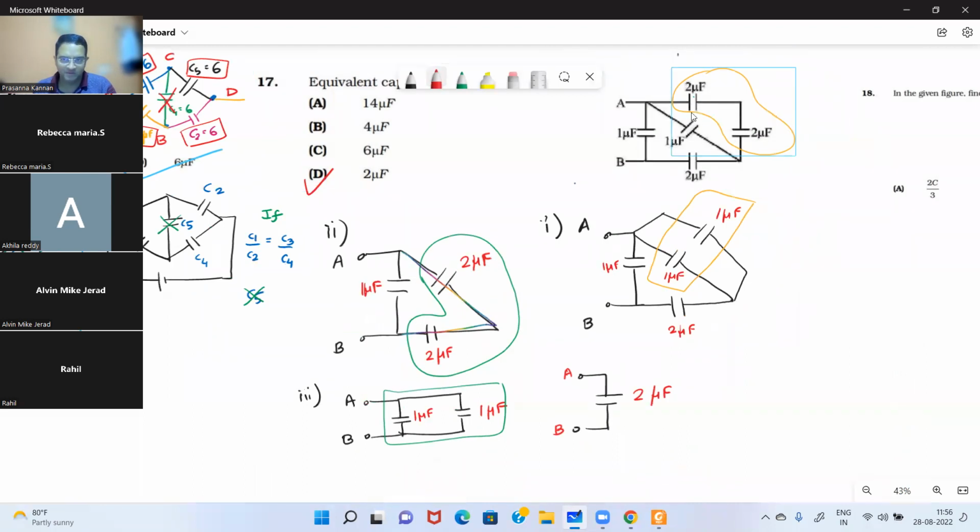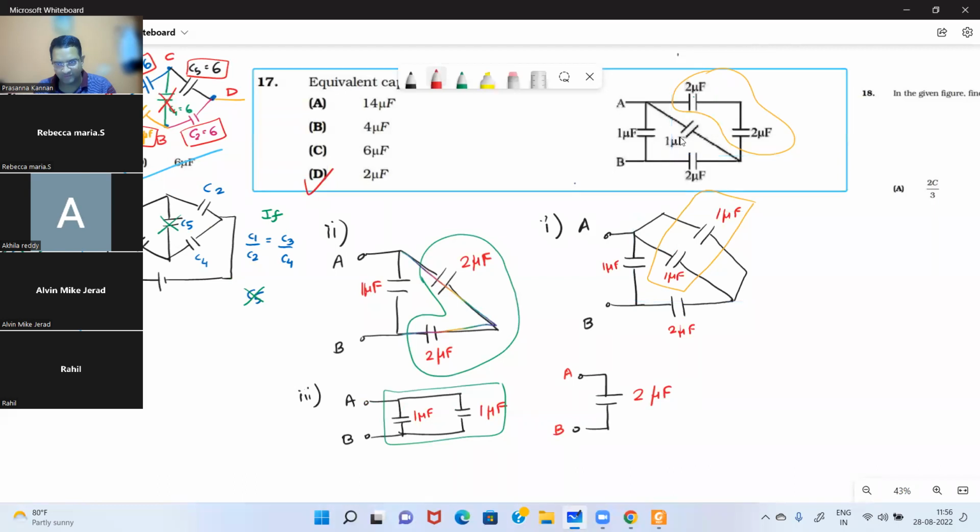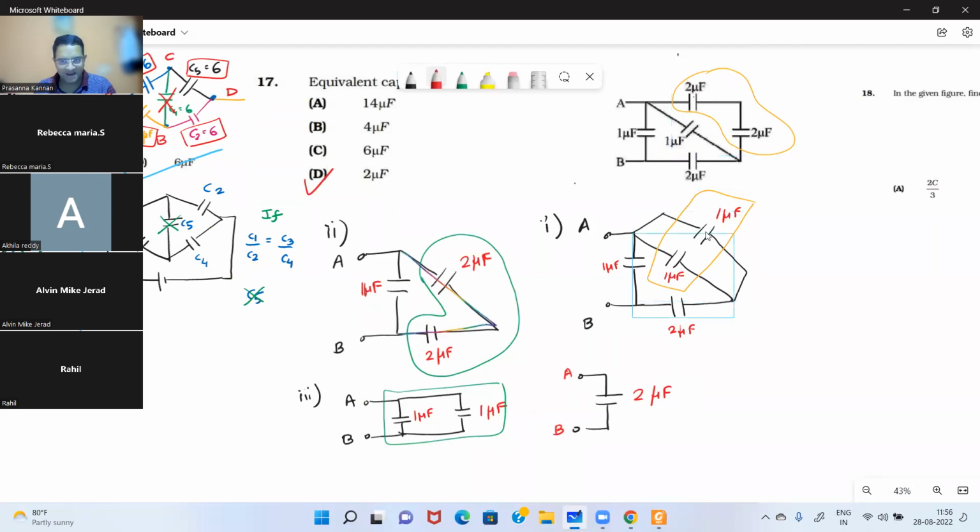So the two capacitors will have the same charge on them, so these two capacitors are in series. Effectively, it will become 1 microfarad, and that 1 microfarad and the 1 microfarad here will be in parallel. So you will get 2 microfarad, and that 2 microfarad and this 2 microfarad are on the same path, so they are in series. So 2 and 2 in series will give you 1. Then 1 and 1 in parallel will give you 2 microfarad.